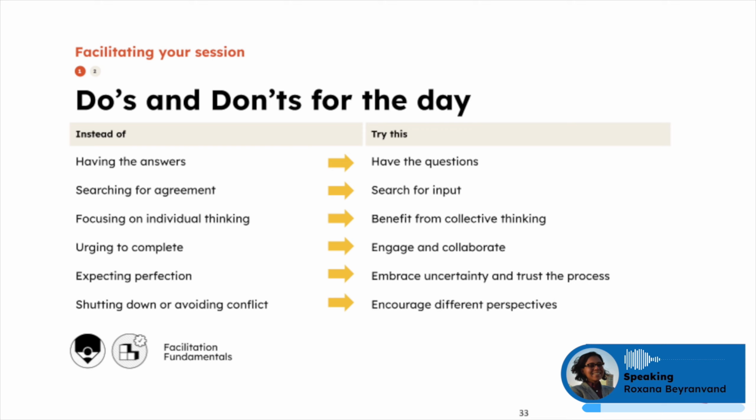Again, your session might lead in a different place than you anticipated. Another thing too, instead of expecting perfection and wanting everything to be just how you planned, really embrace uncertainty and trust the process. Sometimes just by doing this, the outcomes and results that you get can be really surprising.